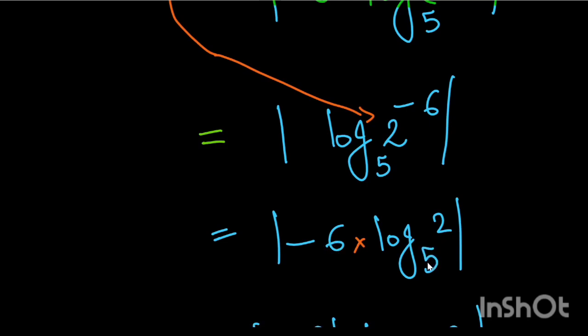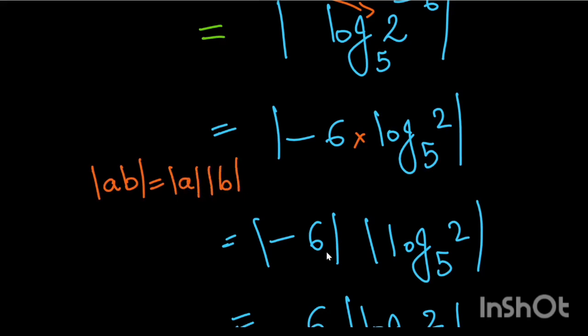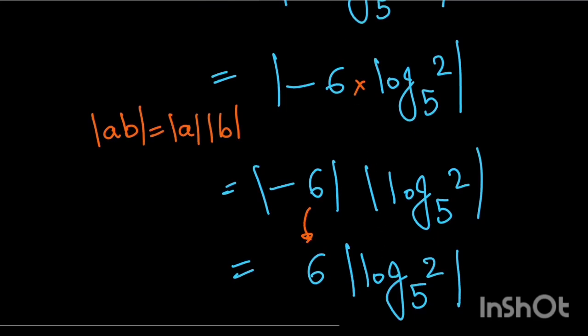So now log 2 base 5 is a defined number, minus 6 into log 2 base 5, using mod of AB is mod A into mod B. Mod of minus 6 is 6 and log 2 base 5 as it is. So 6 log 2 base 5 mod is the answer.